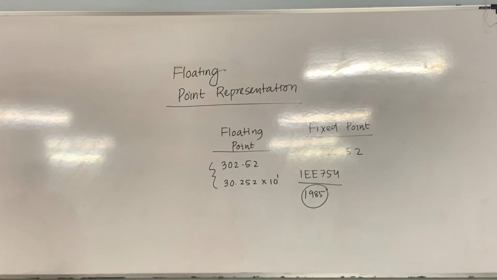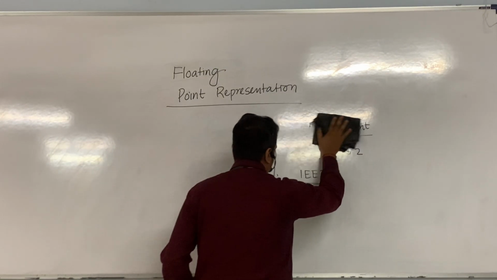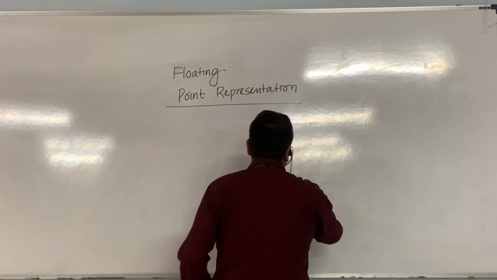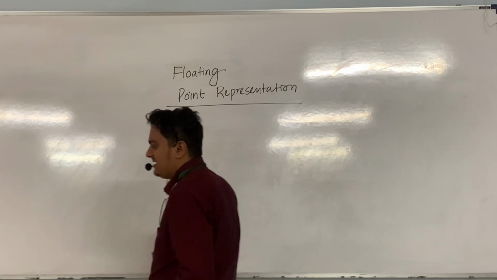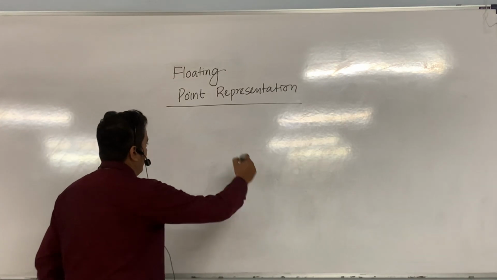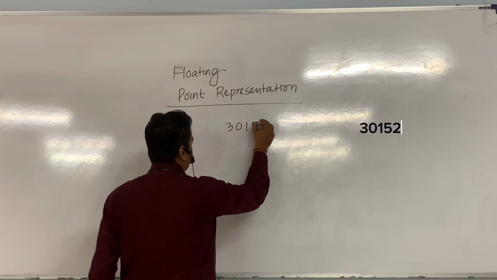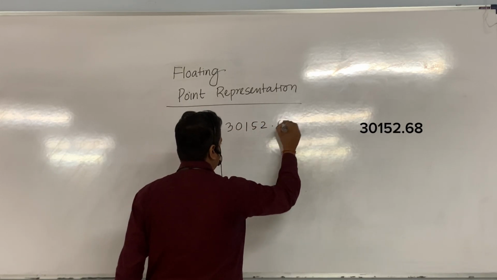Now let us discuss the normalized form. The next topic which we are going to discuss in floating point representation is the normalized form. So let me write one number: 30152.68.